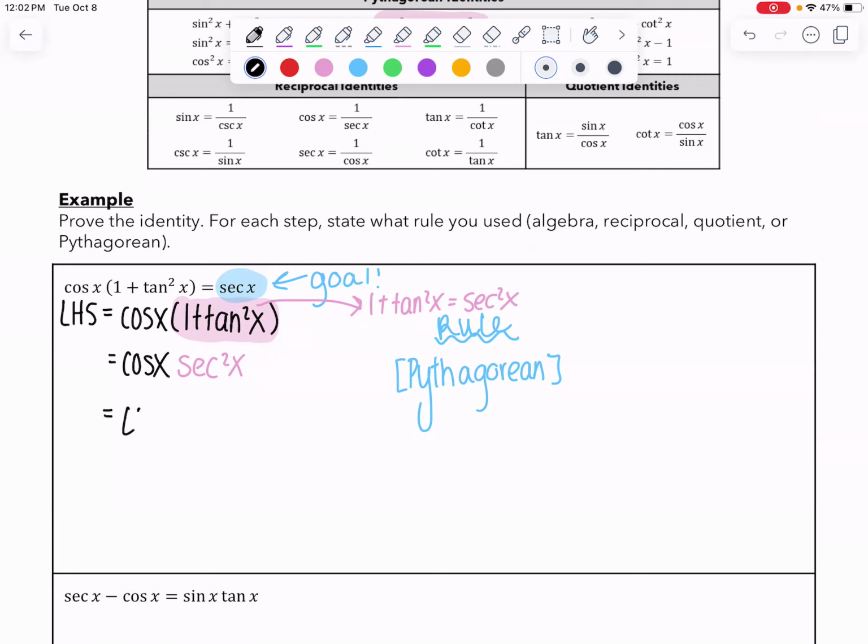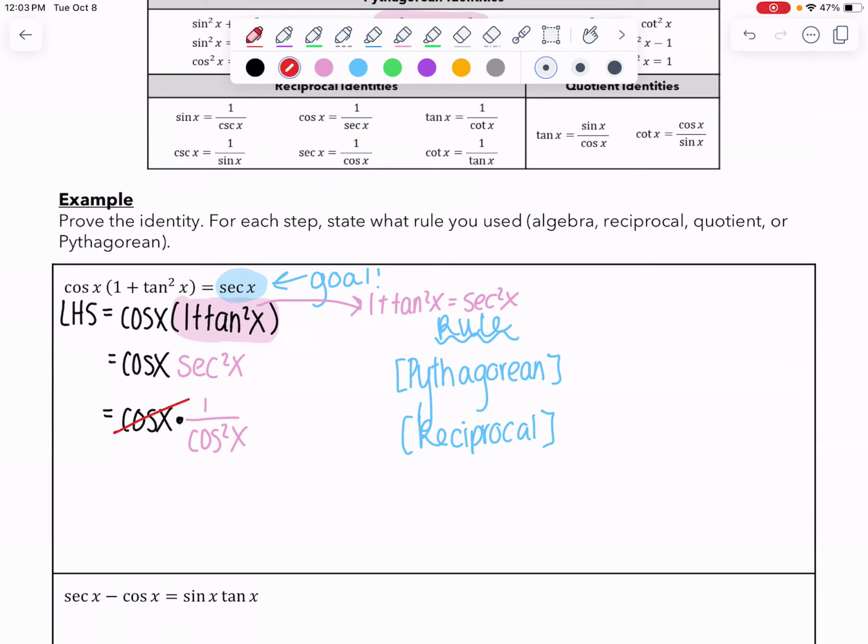So I'm going to leave cosine x alone, but I know that secant x and cosine are soulmates, so something fun should happen here. I'm going to turn secant squared into 1 over cosine squared. When I do so, I have used a reciprocal identity. You can see that secant is 1 over cosine right over there.